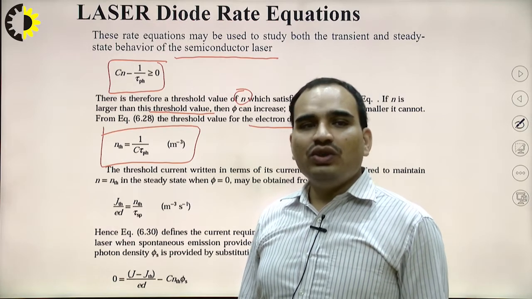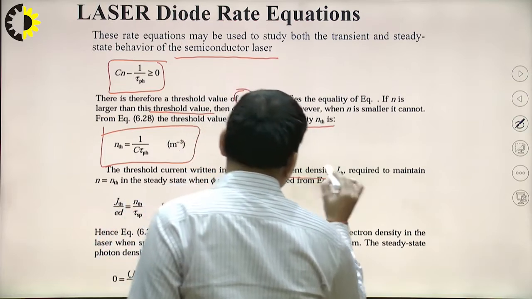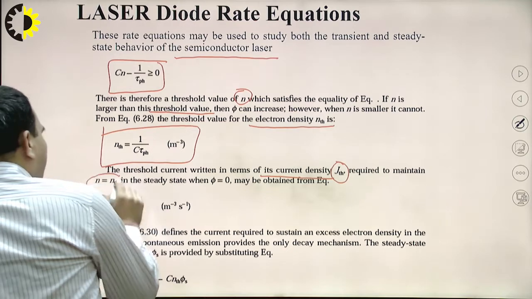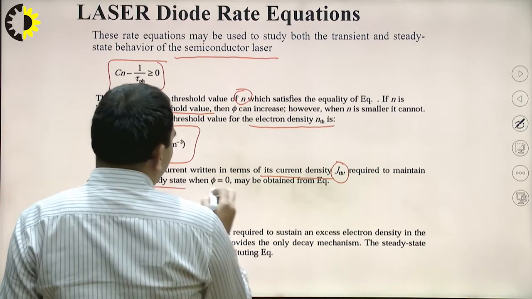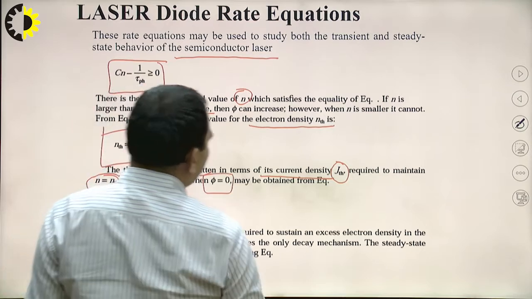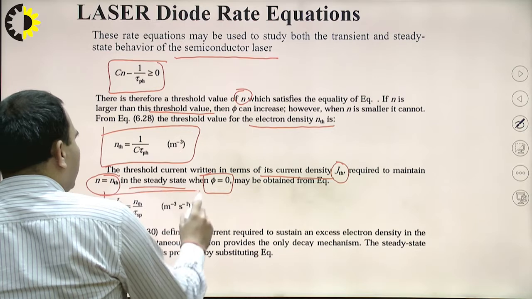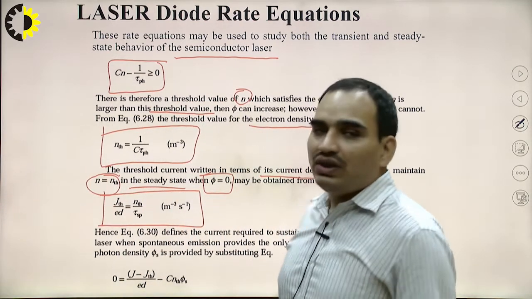The threshold current, written in terms of its current density Jth, is required to maintain N equals Nth in the steady state when phi is equal to 0, and may be obtained from the equation. So we have the current density Jth by Ed equals Nth by tau Sp.